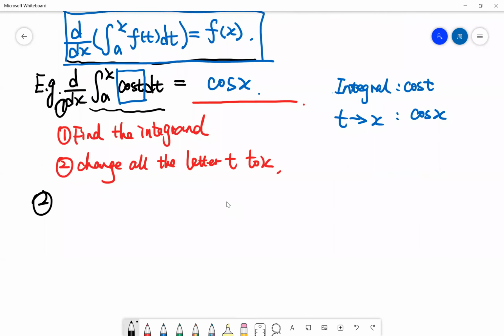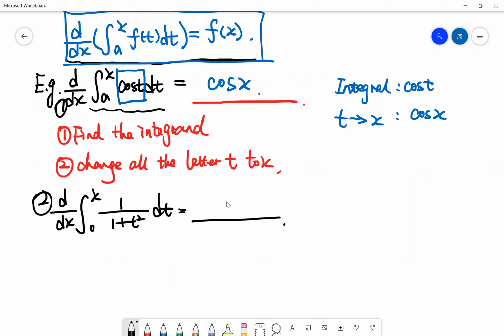Second one here. Can you fill in the blank? What is the result of this example?